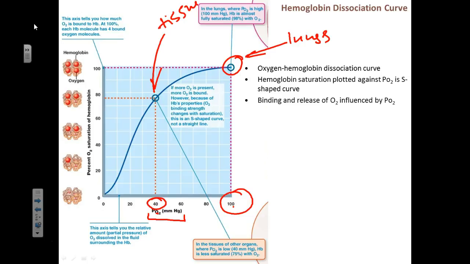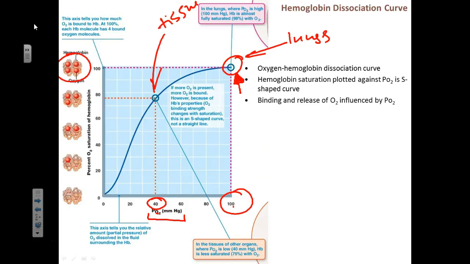Let's take a glance at the saturation of hemoglobin. In the lungs, for simplicity, we can say it's 100%. It's not 100, it's 98, but let's say 100%. Okay? So this is your truck being loaded completely.